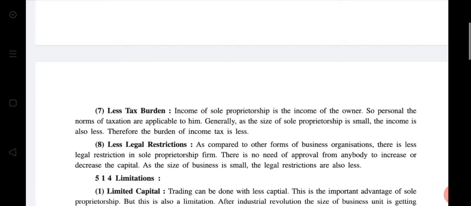See, less tax burden. How? Because in sole proprietorship, income is only that of the owner, so personal norms of taxation are applicable. So it is very easy. That's why the tax burden is less. And income is also less because the sole proprietorship is small in size.